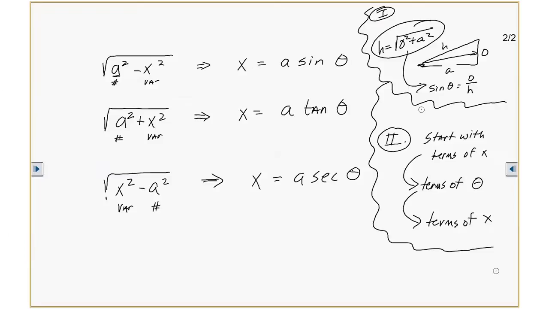Now that's what we're going to be doing during this section of trig substitution. And of course, all this is the bad word manipulation. You're manipulating, starting with terms of x by using your basic trig. You're going to turn it into theta, and then you're going to take theta and turn it back into terms of x.